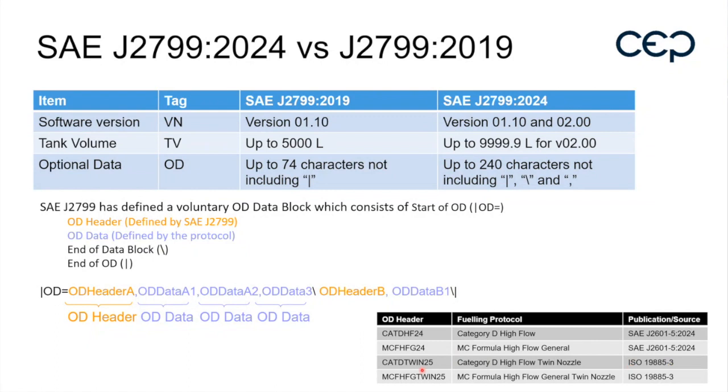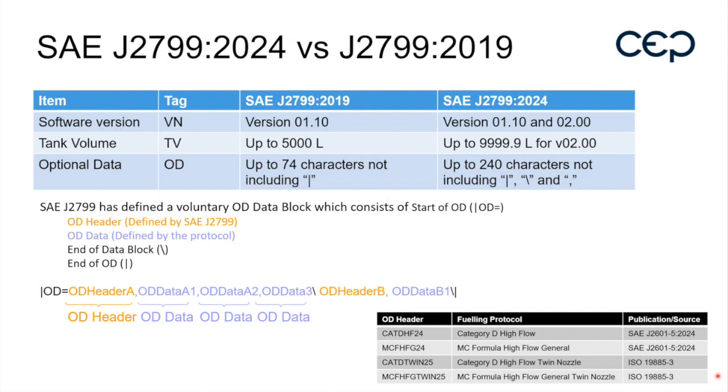And the ones for ISO: there will be more from ISO, but two of them are already included in J2799, which are the category D twin nozzle fueling 25 and the MCF HFG twin 25, because twin nozzle fueling will also work with infrared communication. So those are the headers.